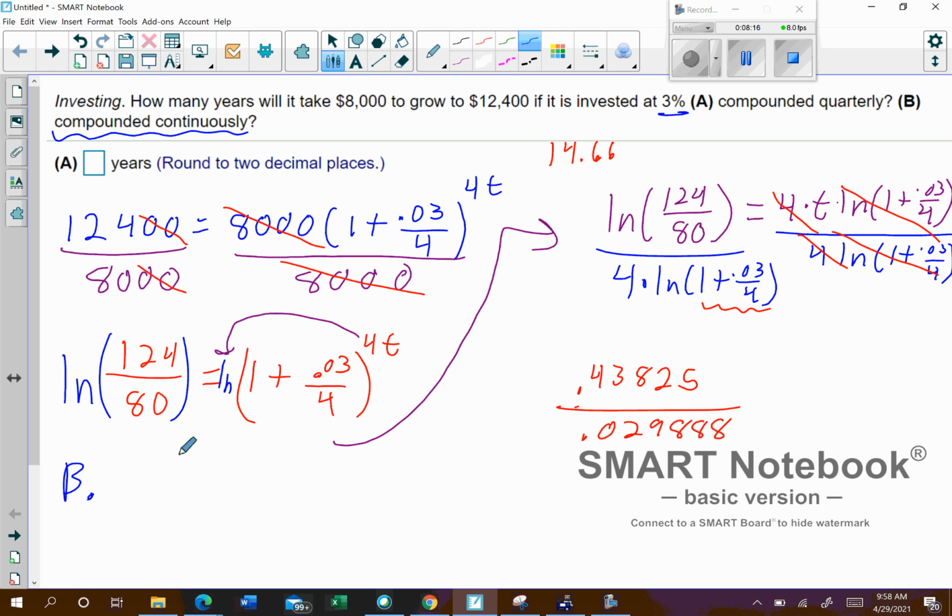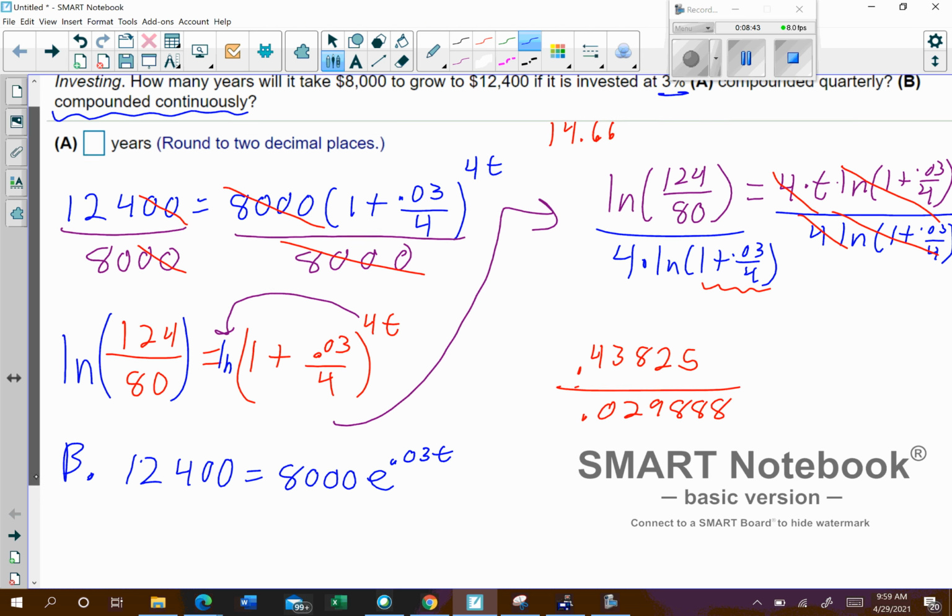So our accumulated value would be 12,400. And this time the formula is going to be your principal times e raised to rt. So that's going to be 0.03 times t. The formula here is a little bit easier to work with.